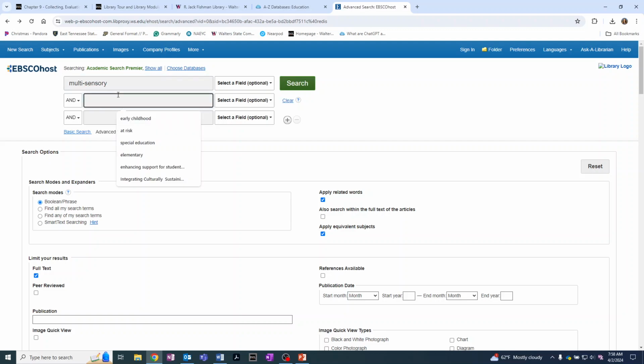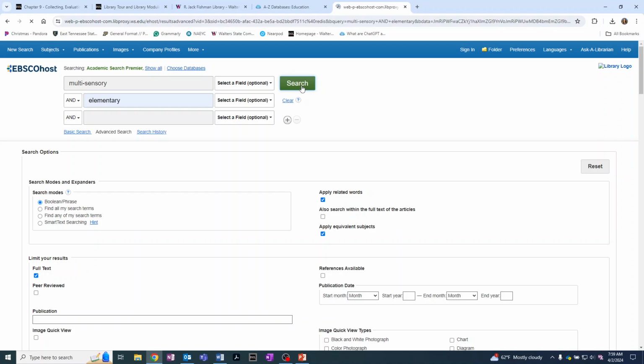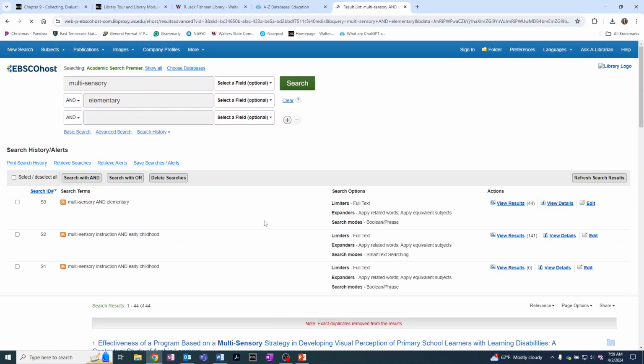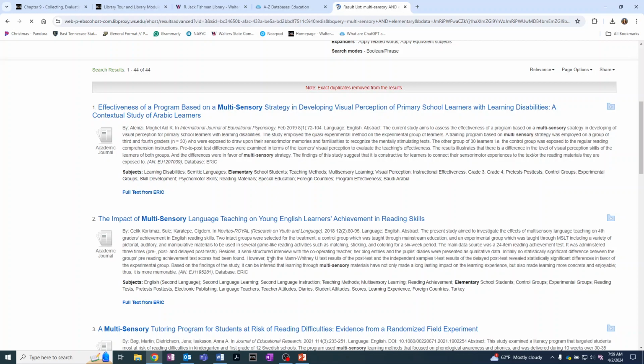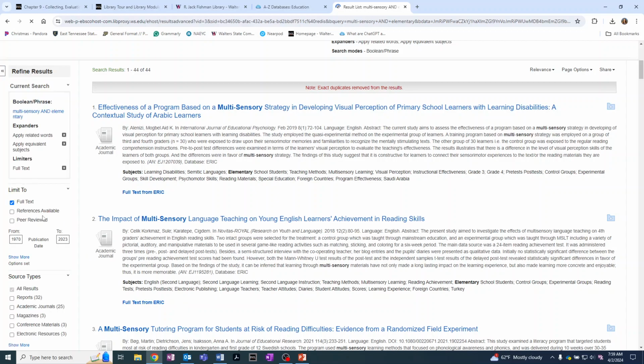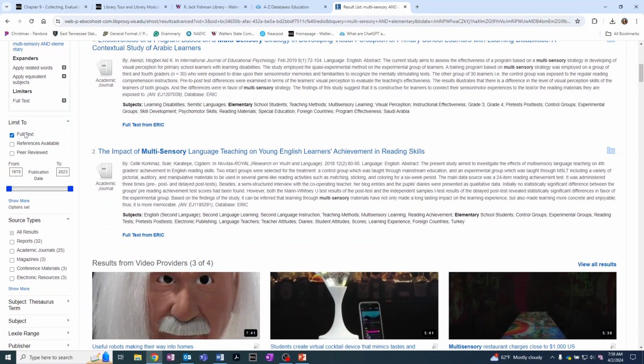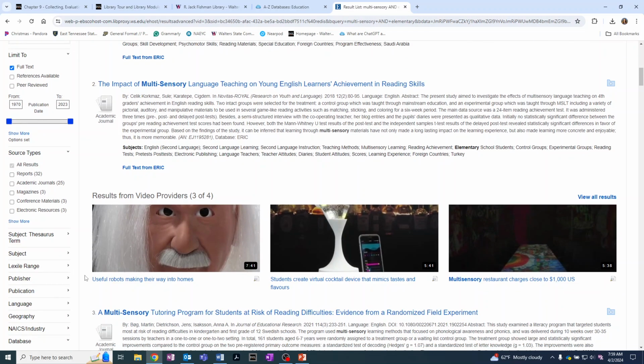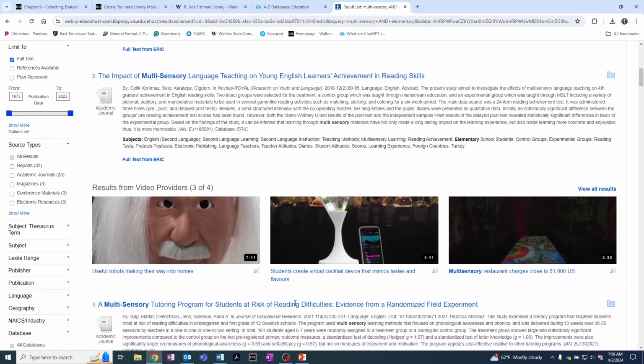So we've already had people in that field looking at those sources. So it's always important to think about picking the most current, looking at your dates, making full text available, and then also searching peer reviewed articles.